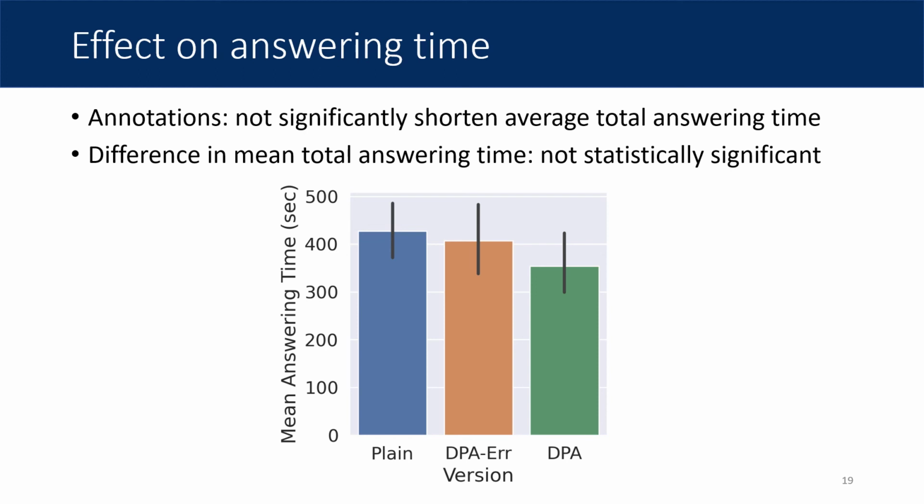The DPA configuration slightly reduces the average total answering time of the plain version by 17.11%, but the difference of the answering time between the DPA error and plain configurations is non-significant.